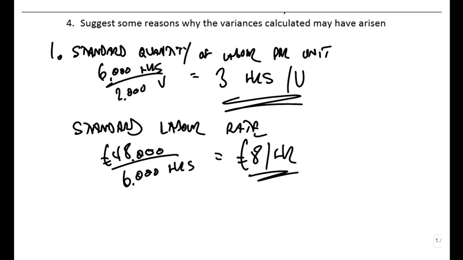If I end up paying more than £8 per hour, I think I'll be identifying an adverse labour rate variance. So you can imagine with the standards I've identified so far, the standard quantity, the time taken per unit, that's likely to be relevant to efficiency variances, and the standard labour rate, effectively the cost per hour, is going to be relevant to the labour rate variance.